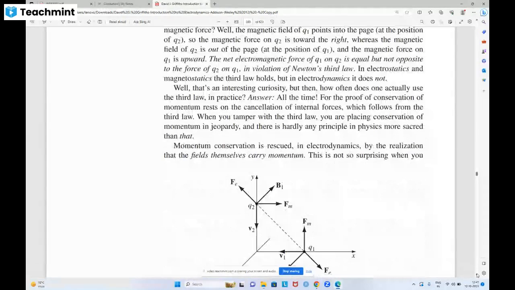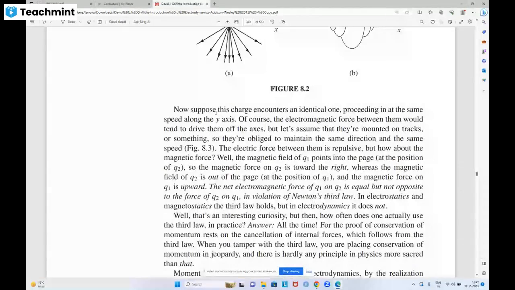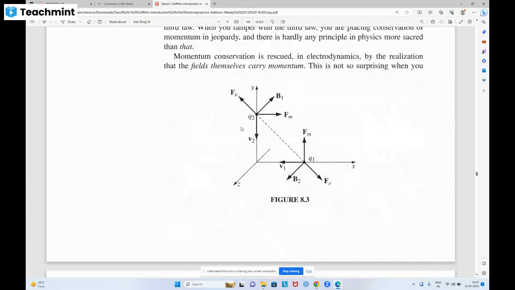See, they are talking about here in this paragraph that charges Q1, Q2 are moving, and then let us see the direction of both fields. We can see here Q1 and Q2. Q1 is moving along the x-axis while Q2 along the y-axis.